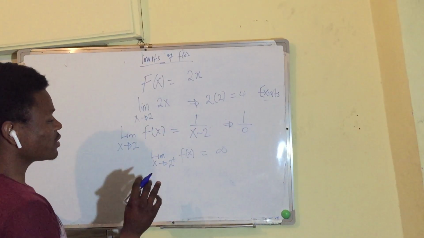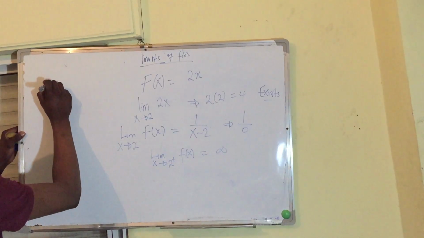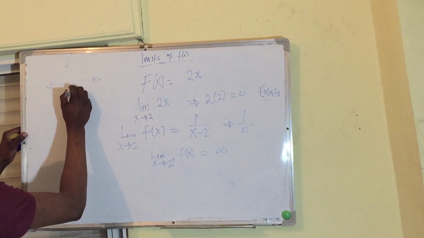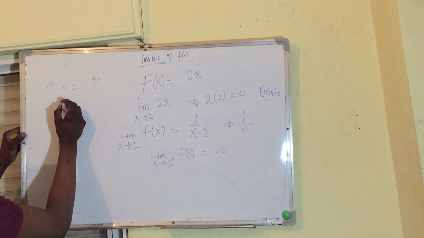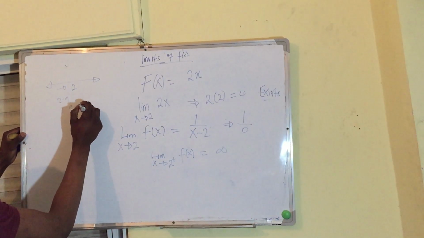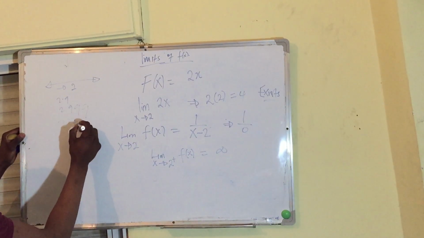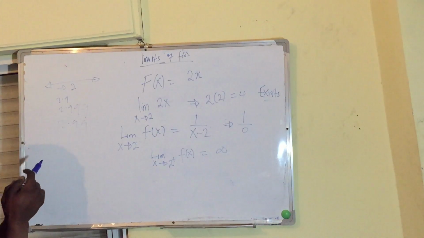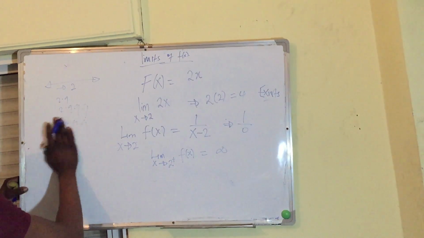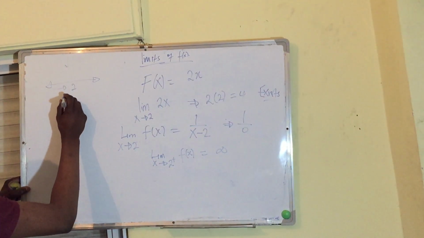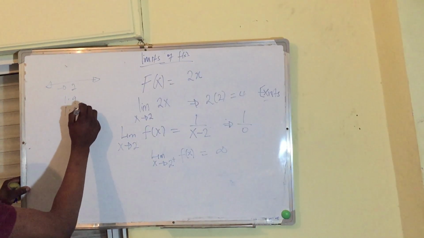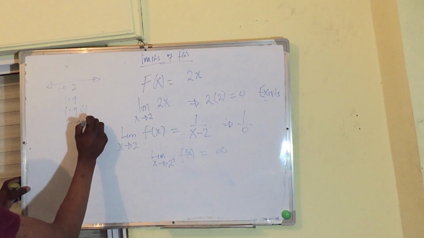So what about when the limit approaches 2 from the negative direction, that is, like 1.9, 1.99, 1.999, 1.9999?